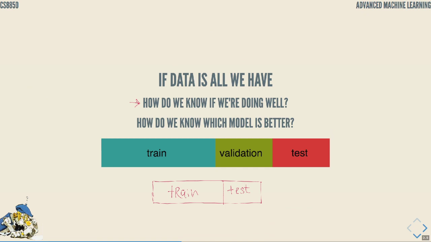But you can't do that on the test data either, because then it's double dipping as opposed to overfitting. Double dipping means you're using your test data for your training.